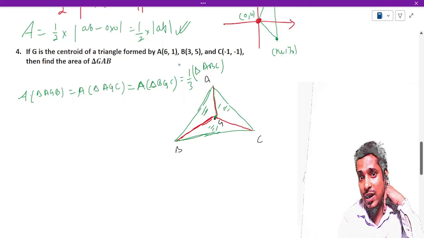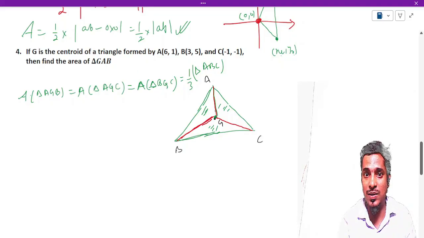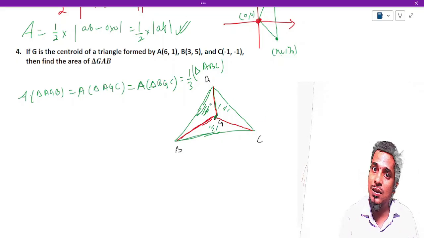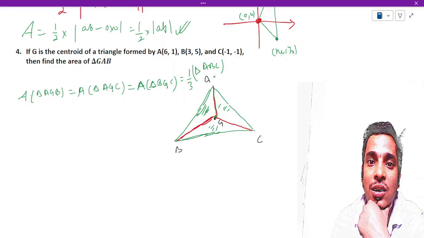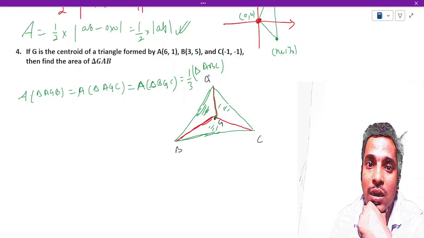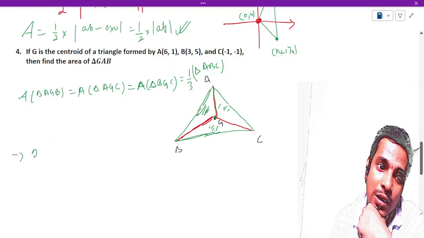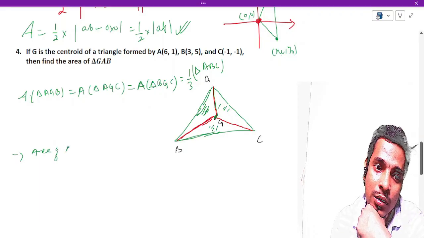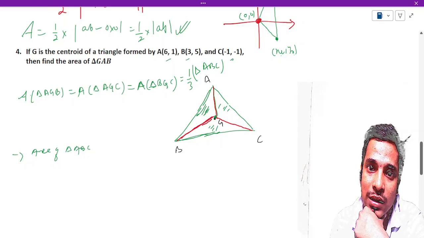The centroid of a triangle is G, and the three vertices are given. They're asking to find the area of GAB, meaning this triangle. So with the three vertices given, if we can find the area of the triangle ABC, then the area of triangle GAB will be nothing but one third of the area of triangle ABC, right? First find the area of triangle ABC as the three coordinates A, B, and C are given.